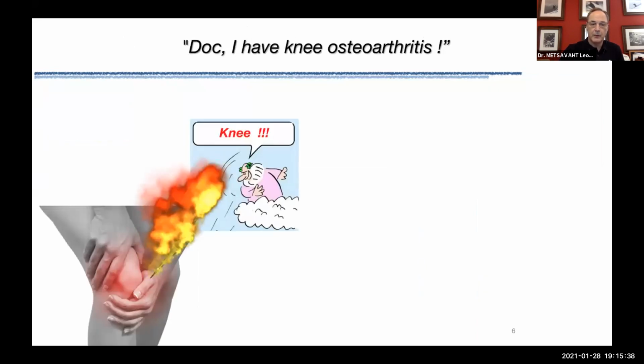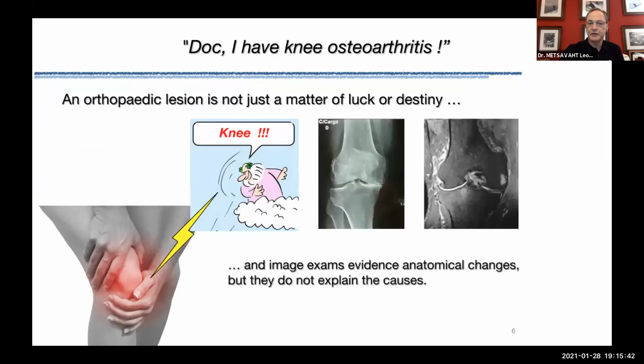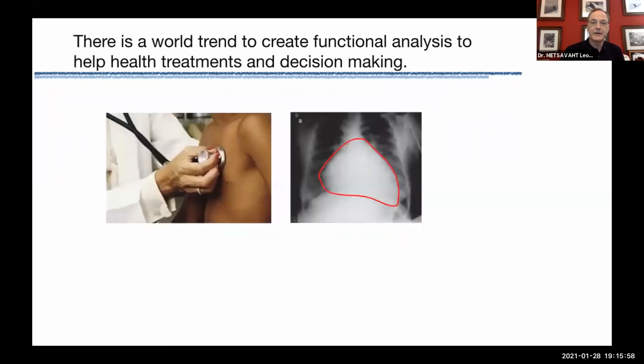So when we have pain on the knee, we have to understand that orthopedic lesion is not just a matter of luck or destiny. And the image exams we have nowadays, they can evidence anatomical changes, but they cannot tell us what are the causes of those changes. So that's the reason there is a world trend to develop functional analysis.